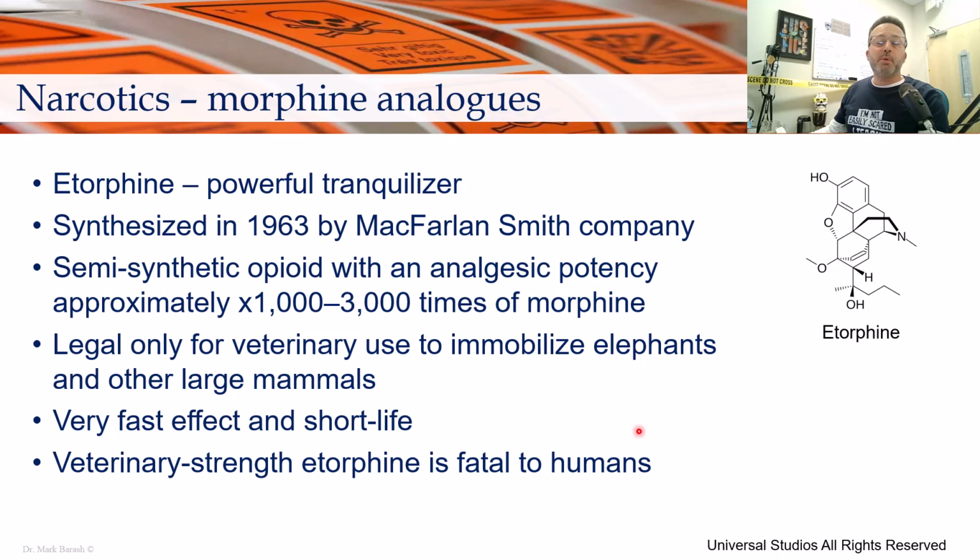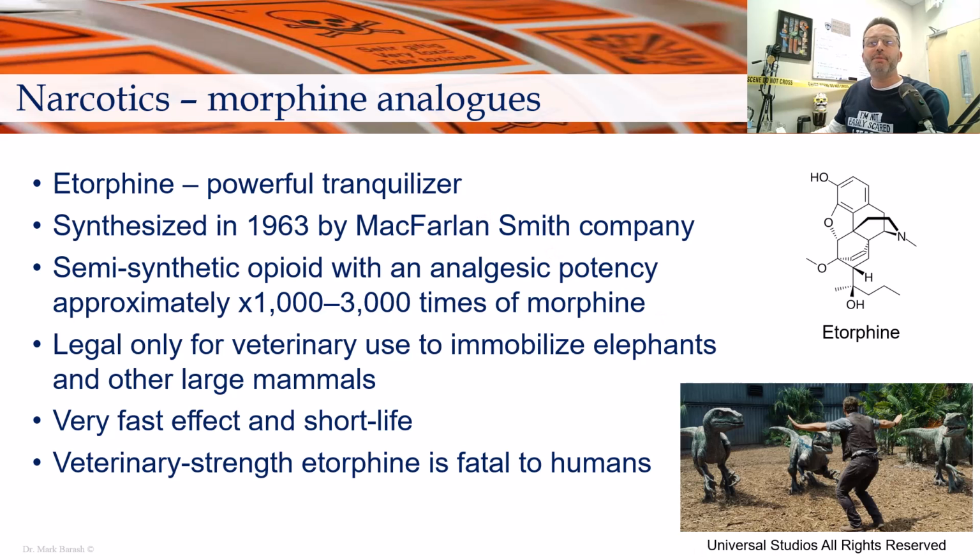On the other hand, some of these synthetic opiates are actually much more powerful than the original morphine molecule due to various modifications. And one of such molecules is called atropine, which is a powerful tranquilizer. So if there's a large animal on the loose, like an elephant or a T-Rex, these animals can be shot and temporarily immobilized with an atropine dart.